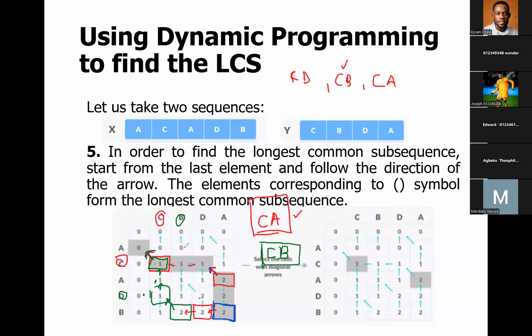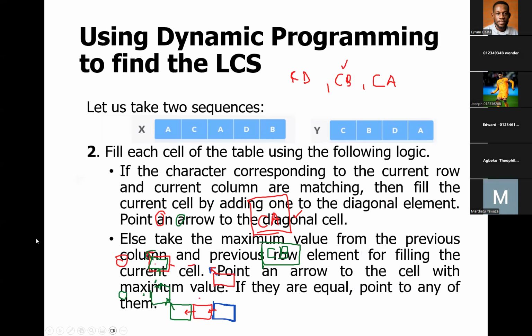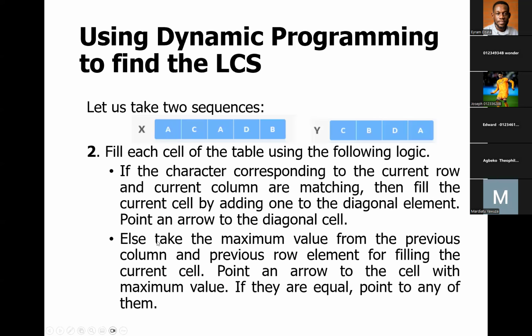So depending on how you draw the arrow, when the values are equal, it says what? Let me clear this. The else means that you have maybe A and then the next one is C. They are not the same.